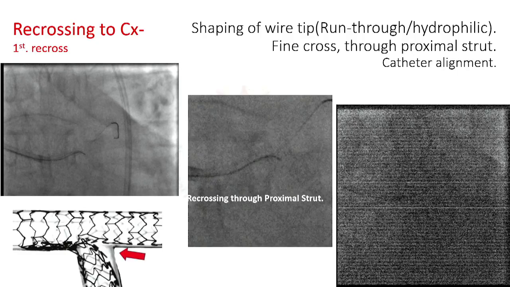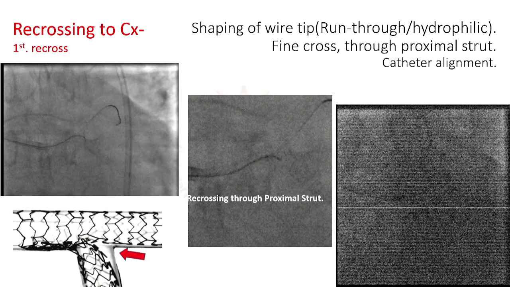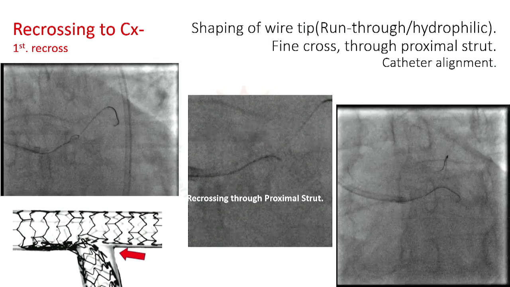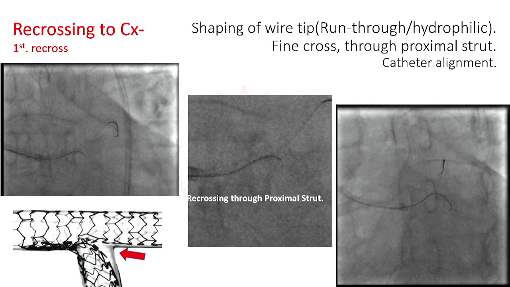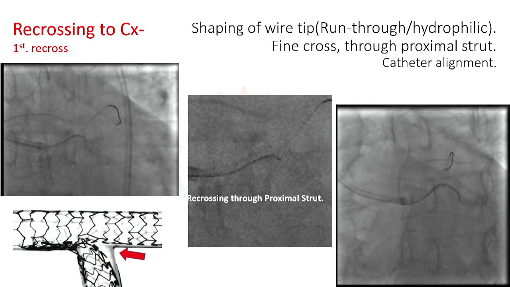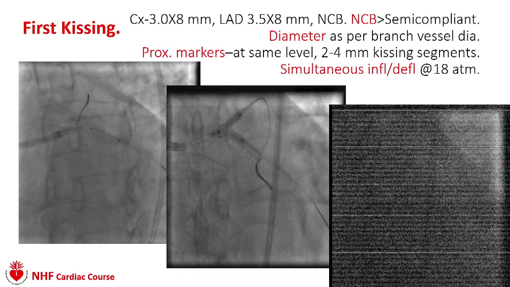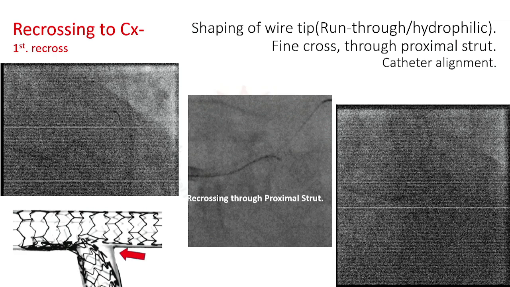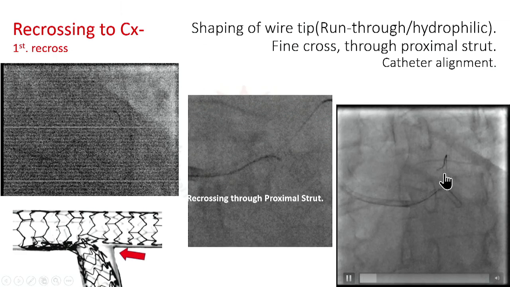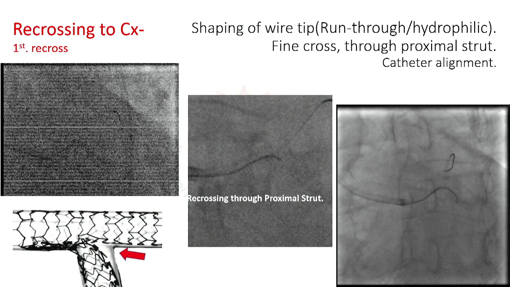Now recrossing, different from TAP and other techniques, non-distal recrossing is essential. It may be done with a workhorse wire, and if the workhorse wire does not work, you may need a polymer jacket wire with the help of a microcatheter.